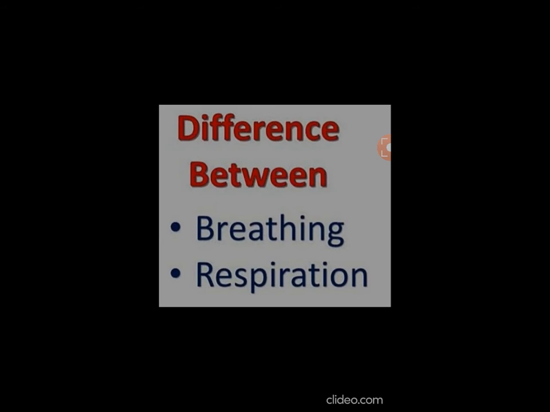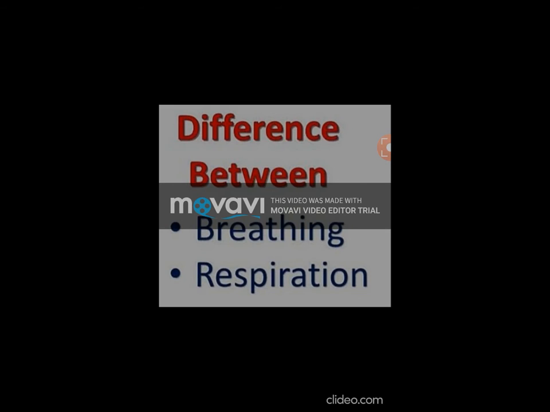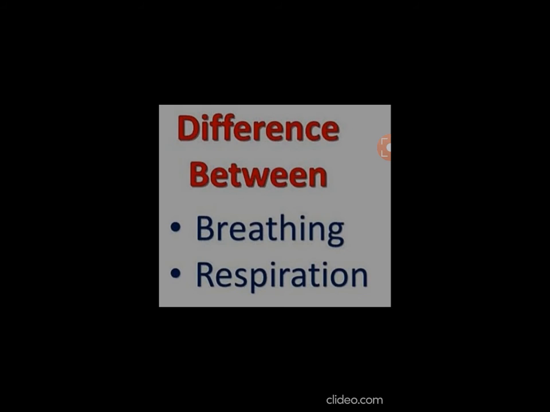The main product obtained from the process of respiration is the release of energy. This energy is released from oxidation of simple food molecules such as glucose. Respiration is a biochemical process which takes place in the mitochondria.